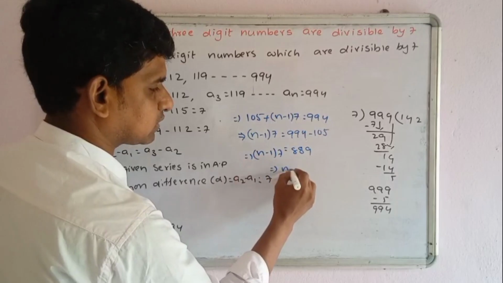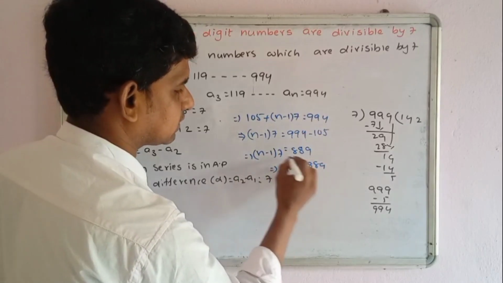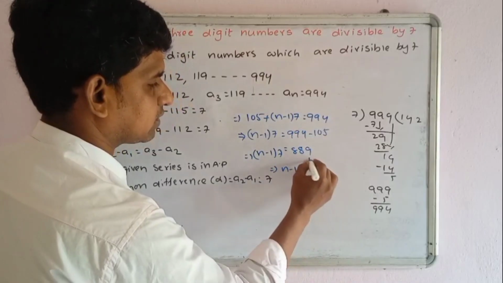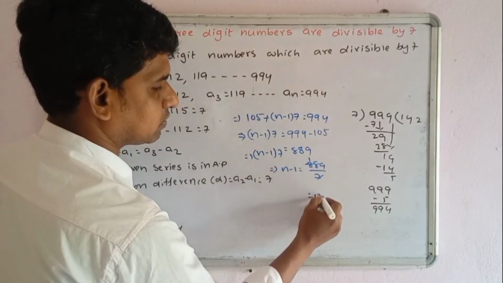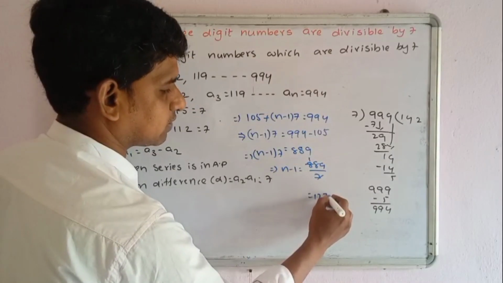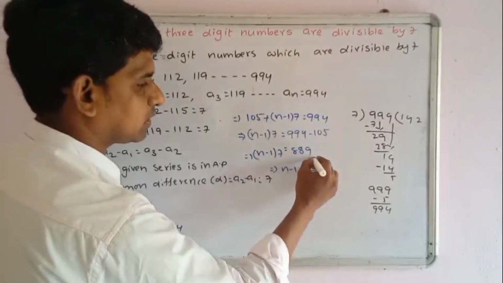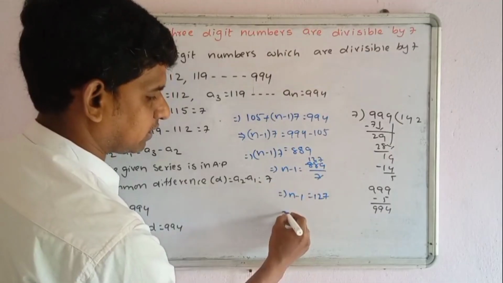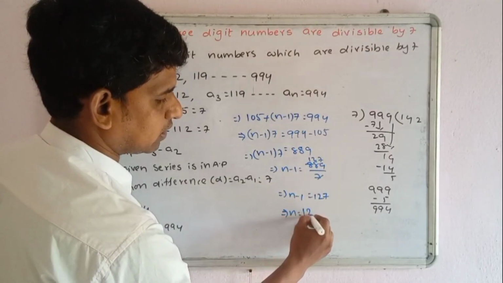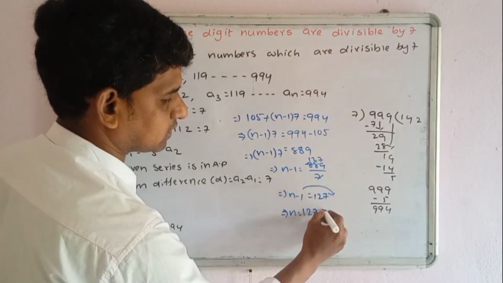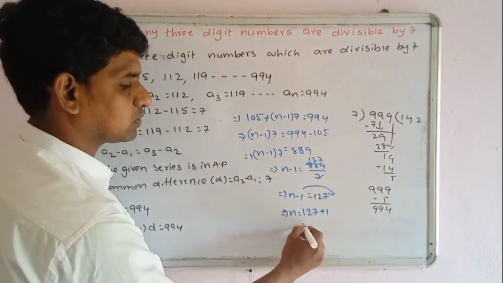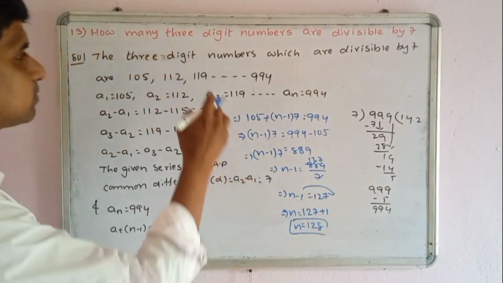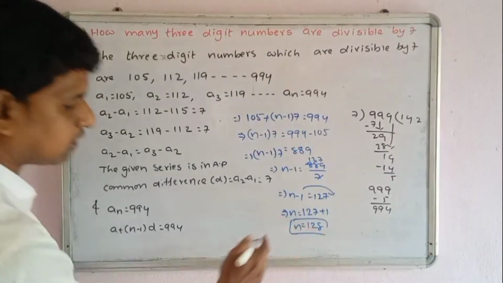So n minus 1 equals 889 by 7, transposing to the right side divided by 7. 7 1s are 7, 7 2s are 14, 7 7s are 49. So 127. So n minus 1 equals 127. But I want n. n equals 127 plus 1, that equals 128. So here how many terms are there which are divisible by 7? 128.